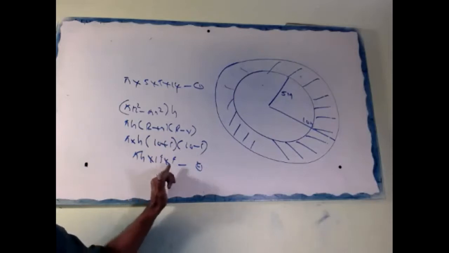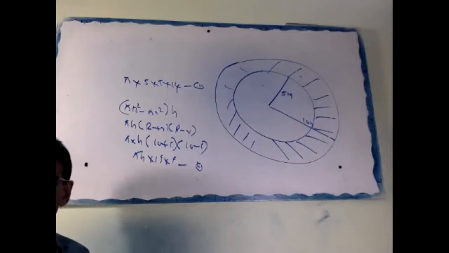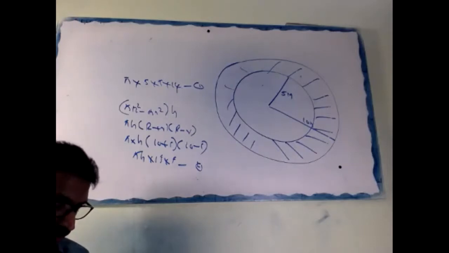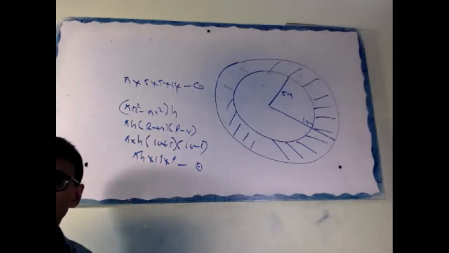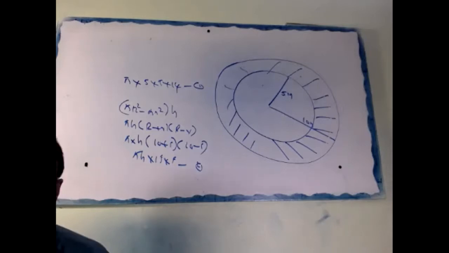Pi h into 15 into 5, number 2. And equating, you find out the h. Do first. Okay, try first.